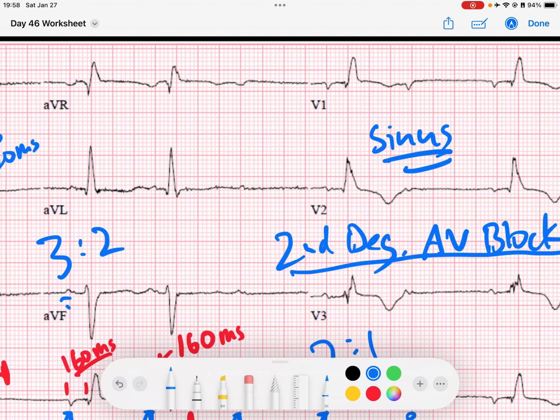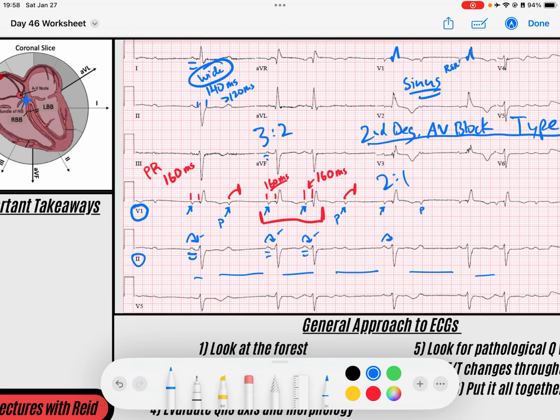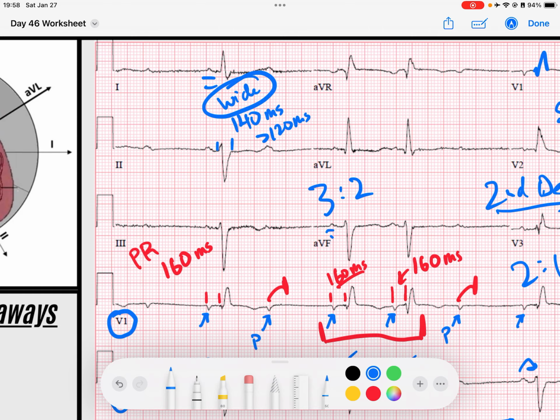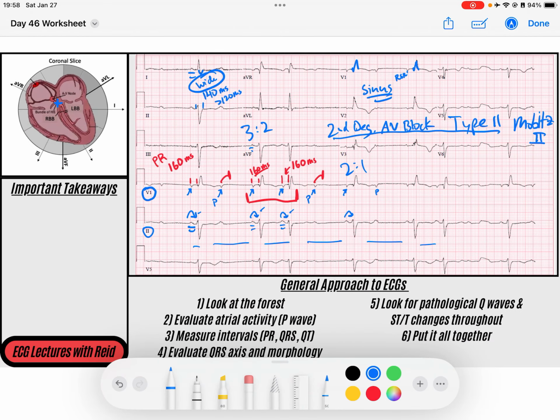I look here at V1, and I see what looks to be a little RSR prime. If you look at that little RSR prime over here in V1, and especially with the slurring S waves in the lateral leads, that gives us a right bundle branch block.